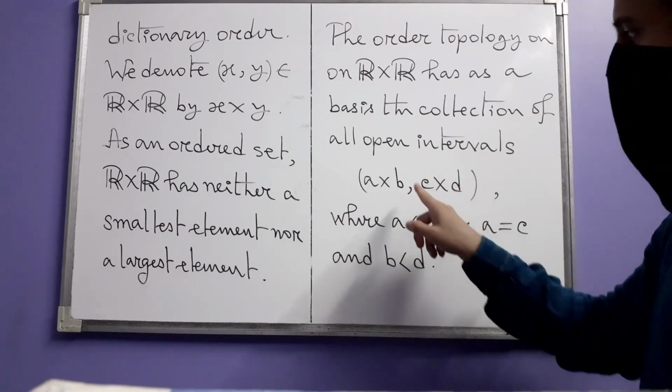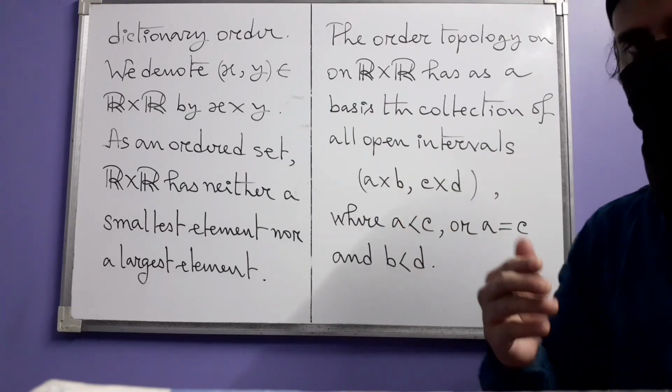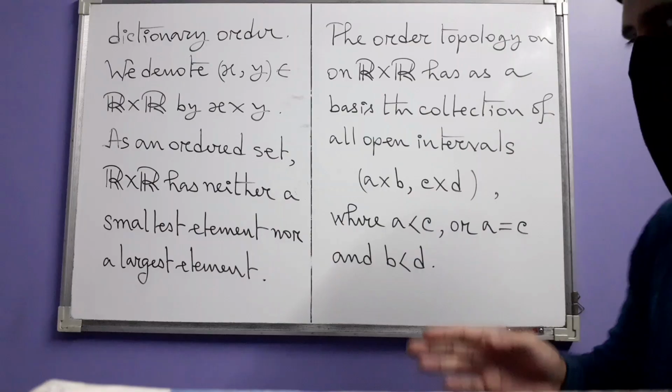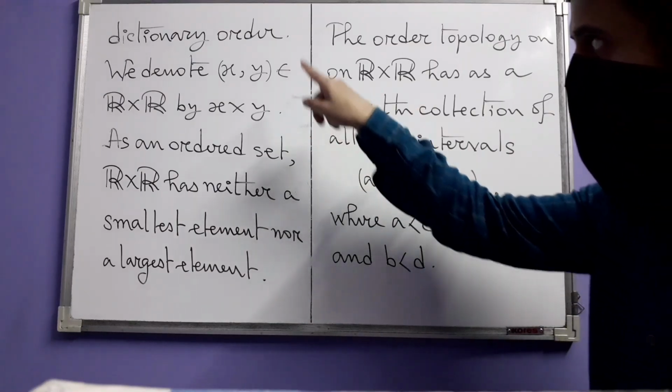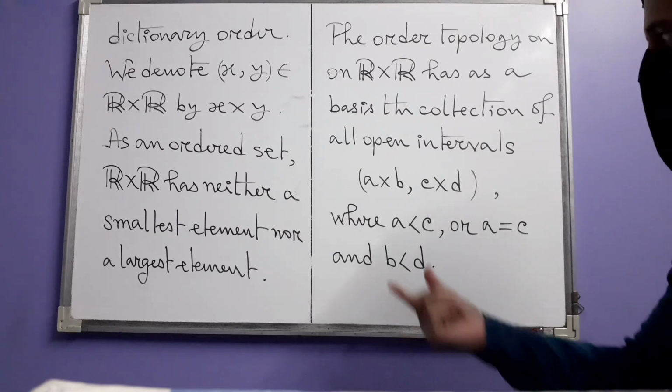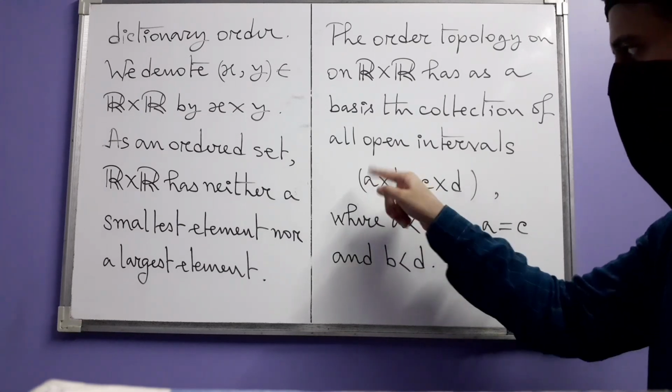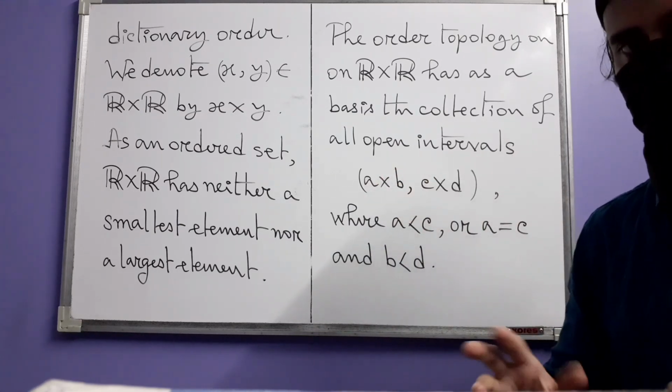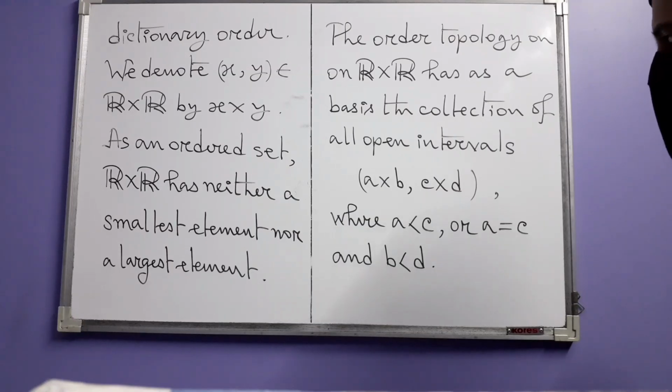But note that the boundary points, that means the ends of the open intervals now, are themselves ordered pairs. Do you see why we have changed the notation? Otherwise you would have had to write a comma b here itself, and that creates a very confusing notation.